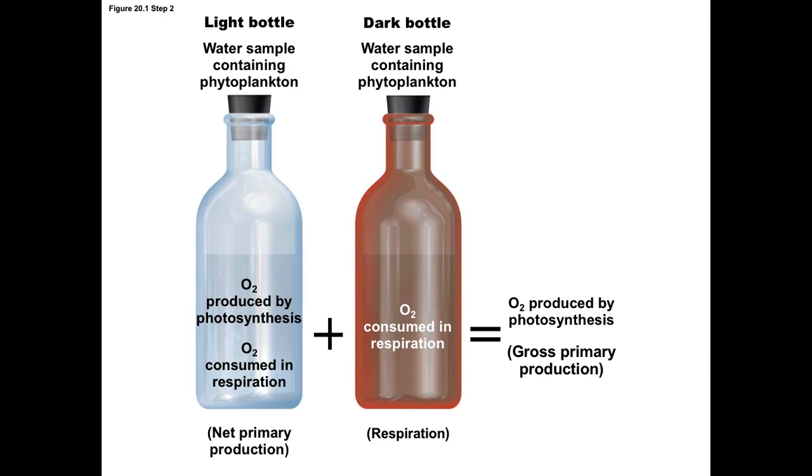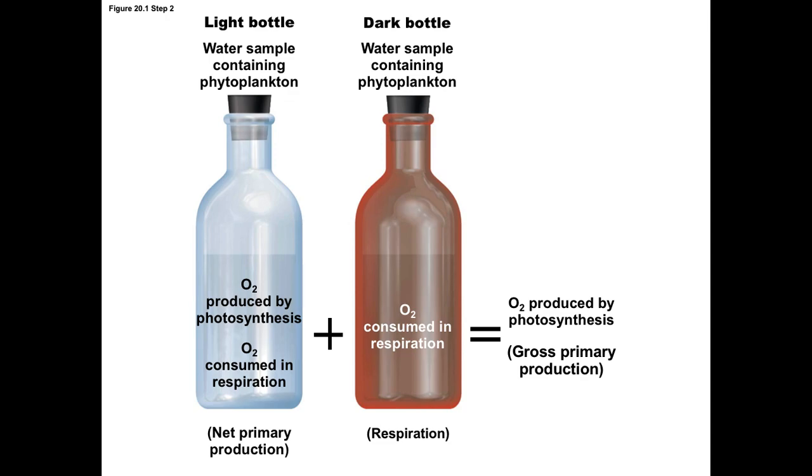At the same time, the photoautotrophs are respiring and burning up oxygen. So the amount of oxygen that we're measuring in that bottle over time is a net primary productivity, because we're measuring the amount of oxygen that's been produced minus the amount of oxygen that's being consumed.